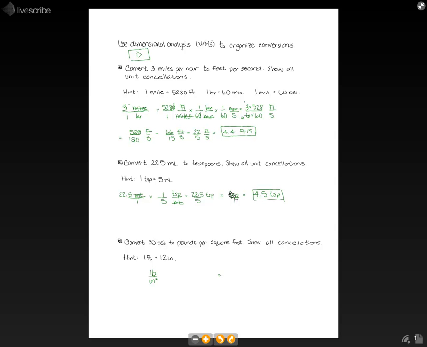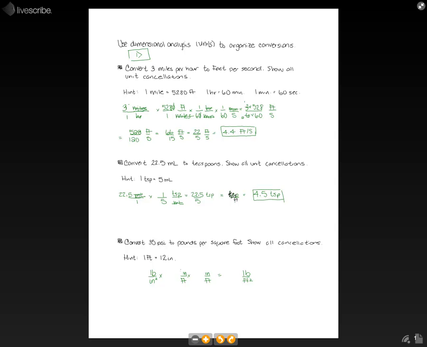We need to get this into pounds per square foot, which we write as pounds per feet squared. We need to get our inches into feet, which we can use the hint to do. We know that inches over foot is what we're going to want because the inch will cancel. However, since we have inches squared, we're going to need to multiply it twice what we normally would.